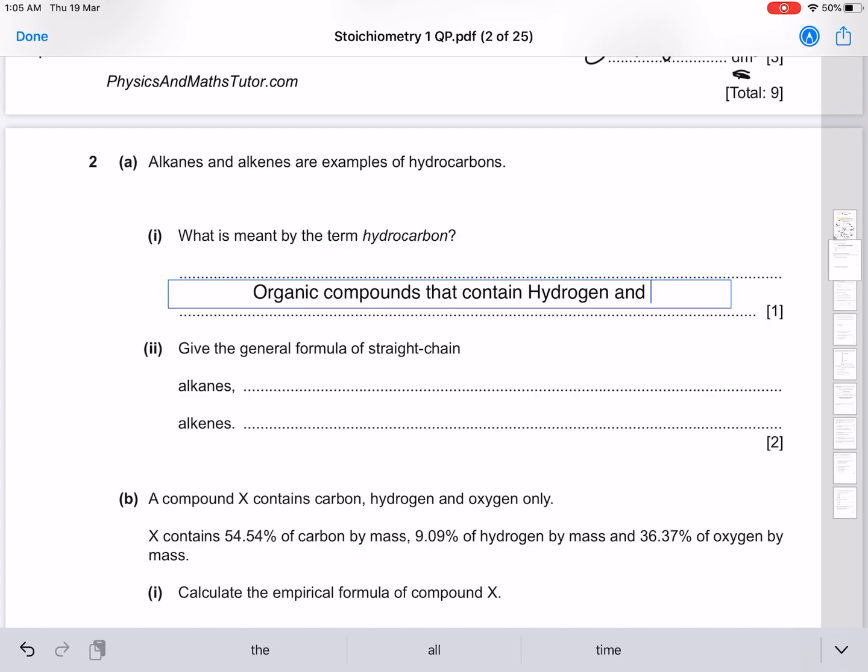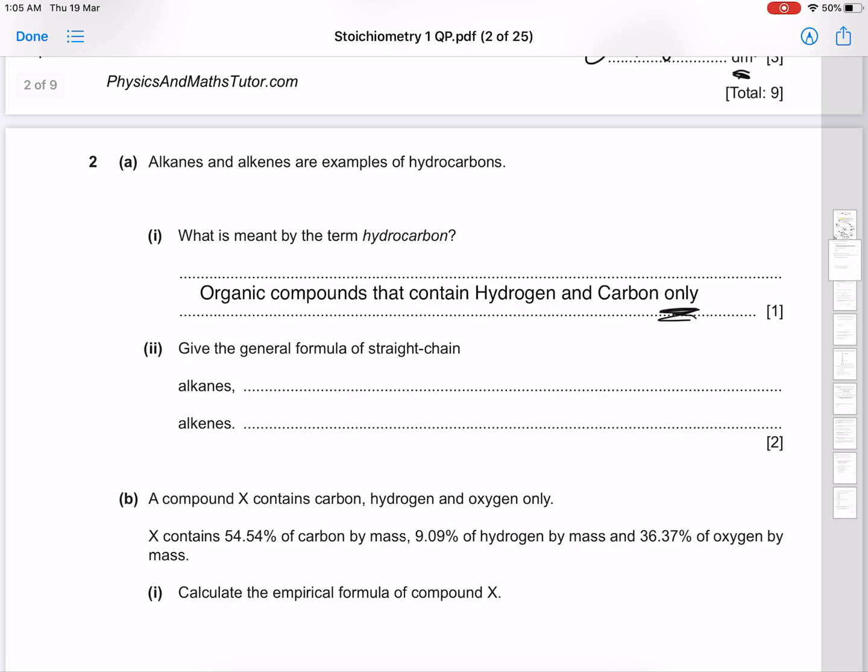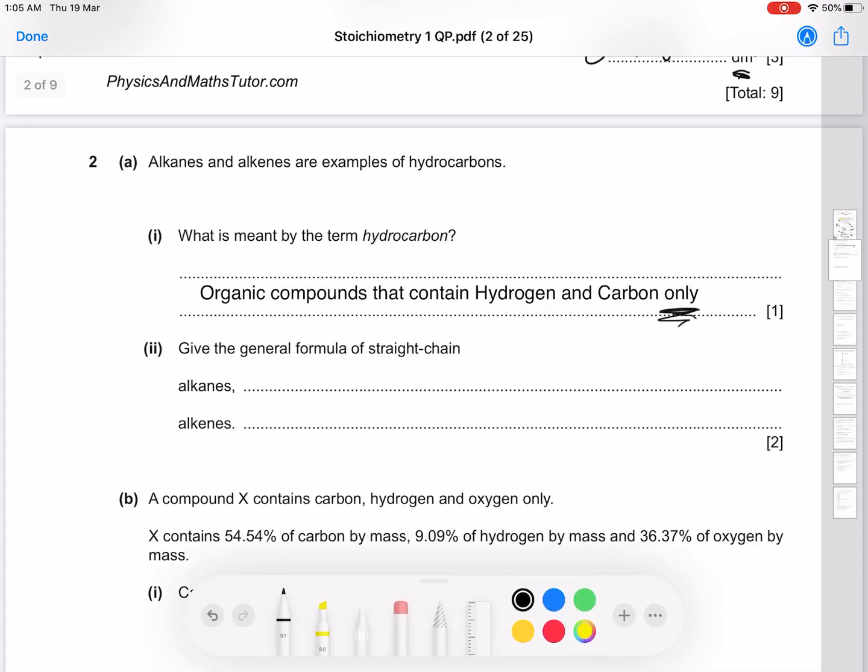I meant hydrogen and carbon only. And I have to mention the word only. Why do I need to stick to the word only? Because most of the organic compounds do have hydrogen and carbon, right? But only the hydrocarbons are the ones that contain hydrogen and carbon only. So from the name hydrocarbon, they should contain hydrogen and carbon. Just don't forget to add the word only to get your full mark.